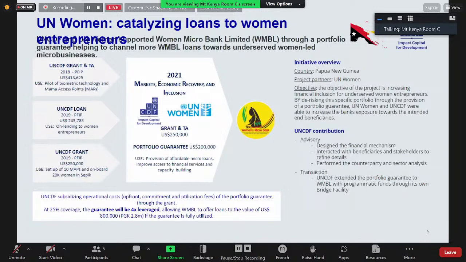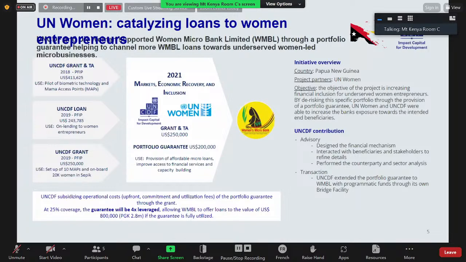Later on, UN Women came to UNCDF and said, we like what you are doing, but this bank is not extending loans into this island in the northern part of Papua New Guinea. And we asked them to go, they said it's too risky. So we sat with the management and we discussed the issue. They said it's too risky, we will lose 20% if we go there.